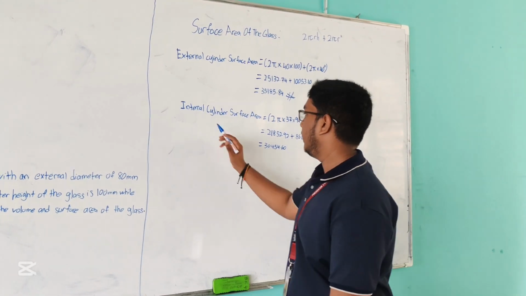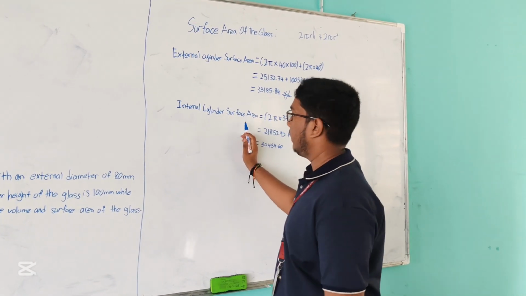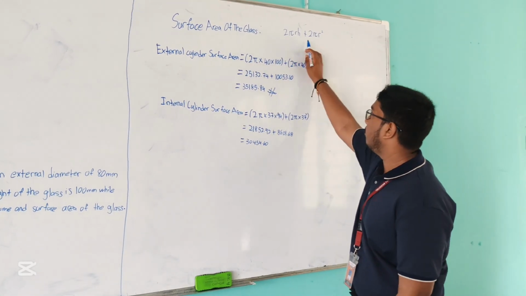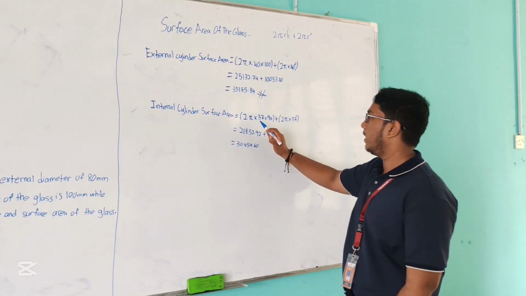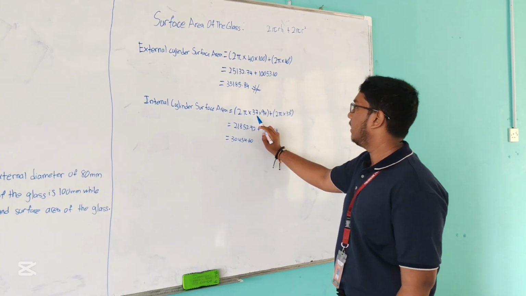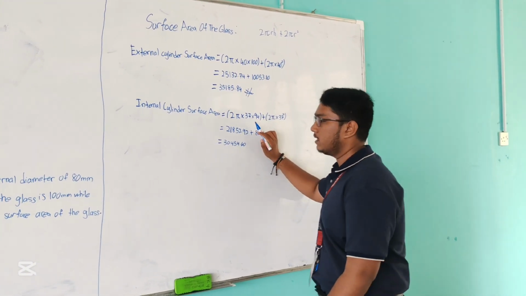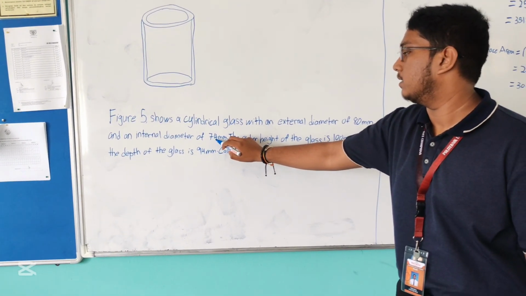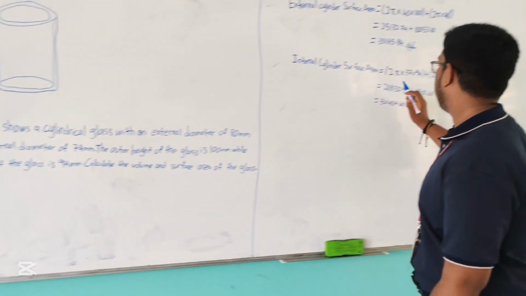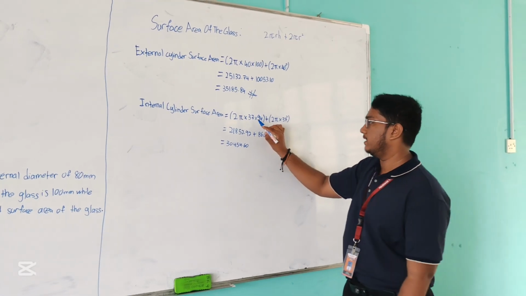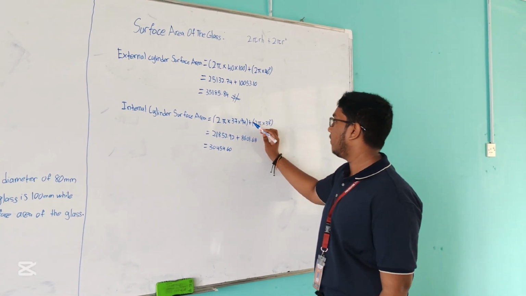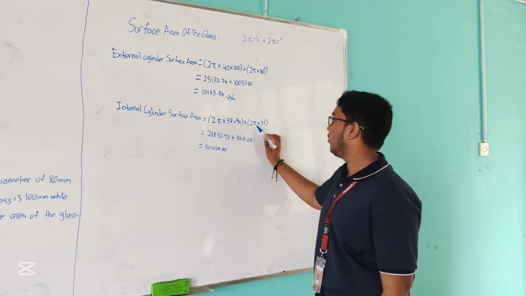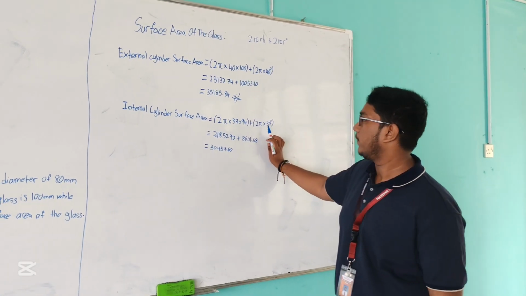The next step is to find the internal cylinder surface area. I follow the same formula: 2 pi times 37 times 94. The 37 is the radius, from the internal diameter of 74 divided by 2, times 94, plus 2 pi times 37 square.